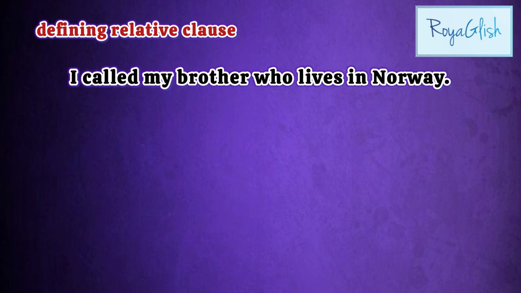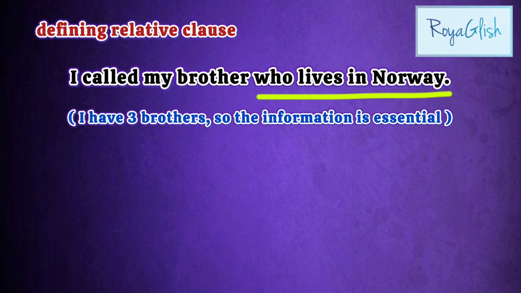Imagine I have 3 brothers and I say, I called my brother who lives in Norway. Here, "who lives in Norway" is essential information because I have 3 brothers and I should clarify which brother I mean. This is a defining relative clause.